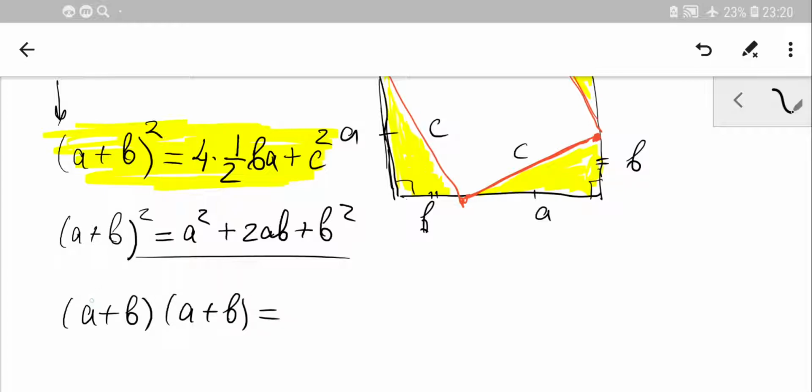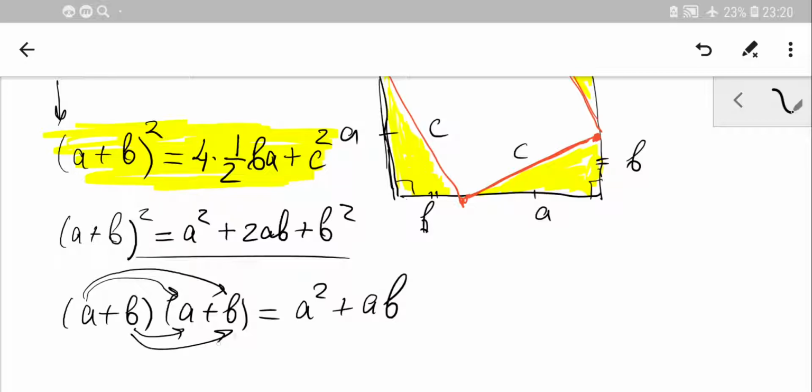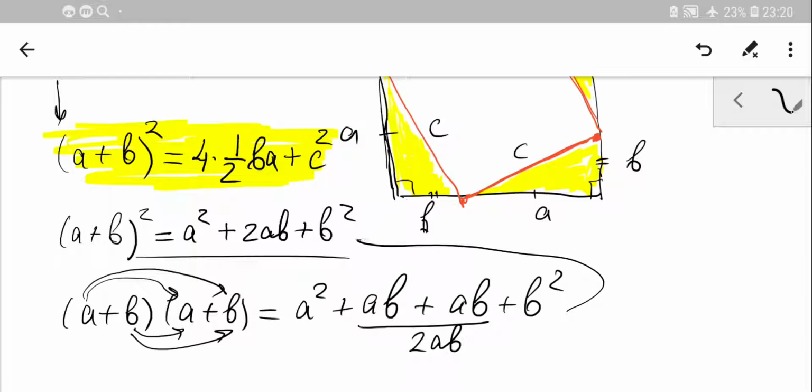So let's do it. A times a is a squared, plus ab, and then we'll do the same for b. So ba, this is actually ab, and b squared. So ab and b squared. So if we simplify that, we'll have 2ab, and we reach this formula. Okay. So actually, by the way, I proved the expansion of the square.